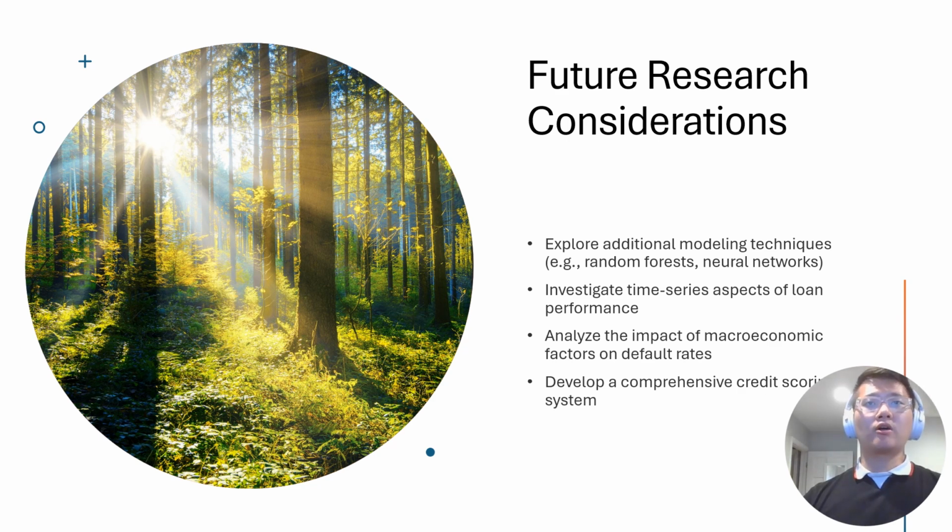And lastly, would be to develop a comprehensive credit scoring system. That'll be something interesting too, because there are so many people who do not bank. You don't have their data, but there are other things you can try to understand about their payment history and customer behavior, by developing a comprehensive credit scoring system not only based on their income and the basic financial data, but also internet data.